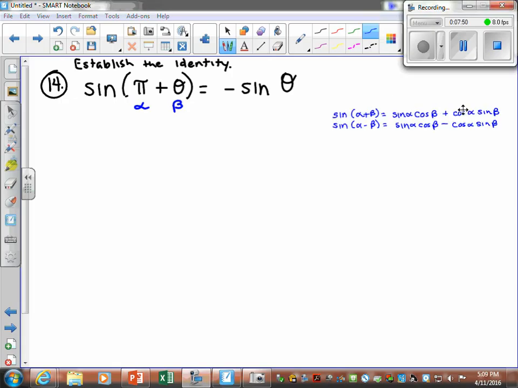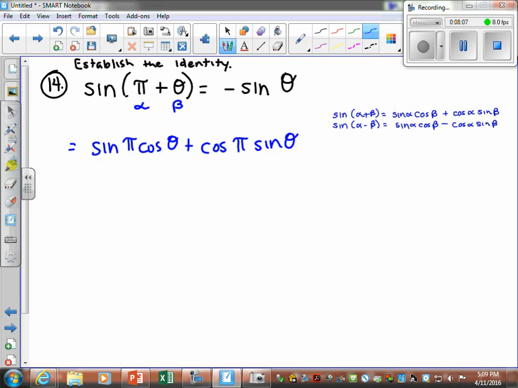Sine alpha plus beta would be the top one, so I'm going to use that to rewrite. So it's going to be sine of alpha cosine beta plus cosine alpha sine of beta. Okay, what is the sine of pi on the unit circle?